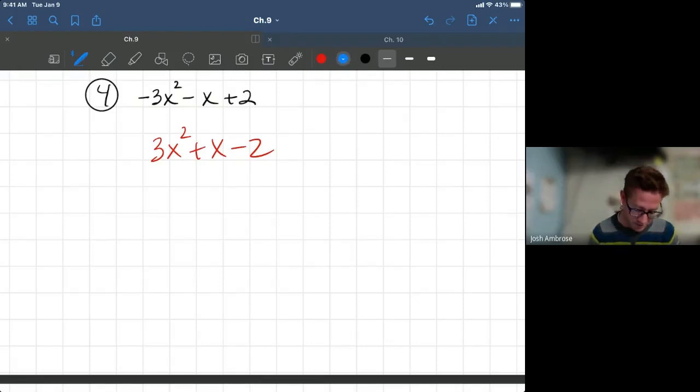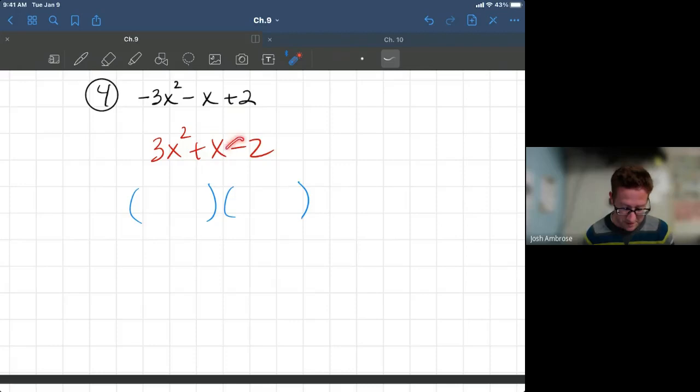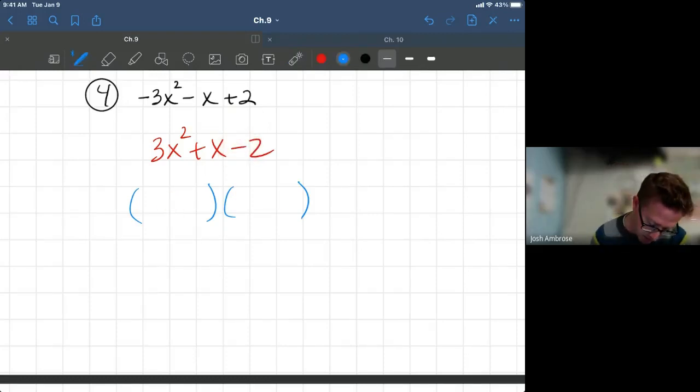So we can proceed and break down the parentheses here. Okay, you have a positive and a negative. Remember what I said, if this is a negative, immediately you know the signs in your parentheses will have to be opposites. So let's put that in. Let's try a positive there and a negative there.